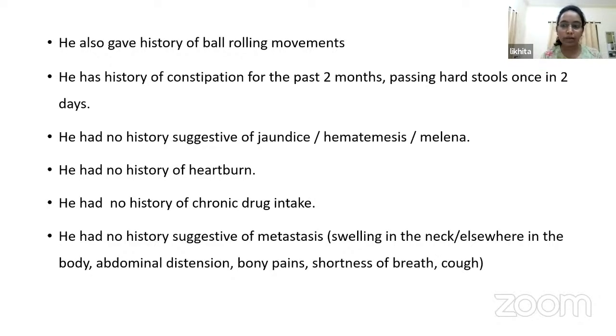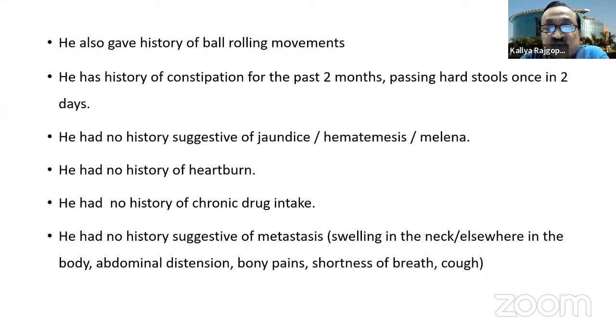Then that is when he cannot eat more. Earlier we used to have the localized linitis plastica, the earlier nomenclature. Now we have the word diffuse. That is one important thing you should realize here. So what I would like to mention is that hematemesis and melena will go up.